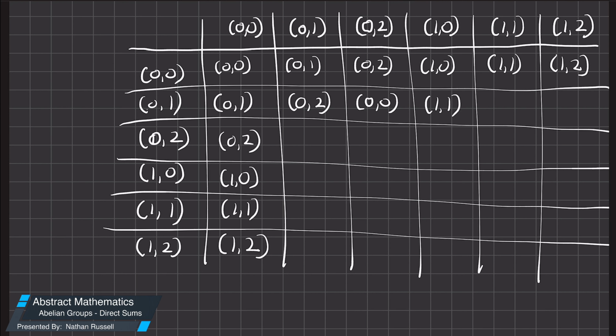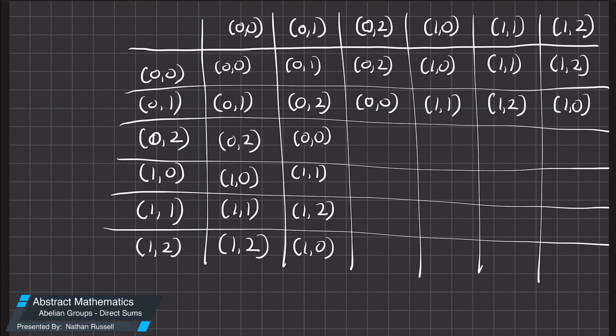And then we have 1, comma 2. And then 1, comma 0. And again, once we have a row, we also have a column, so it'll be 0, 1, 0, 2. Then we have 0, 0, 1, comma 1, 1, comma 2, and then 1, comma 0.